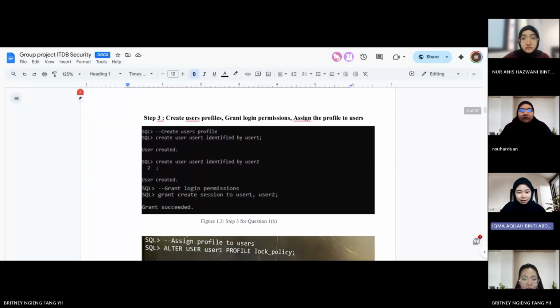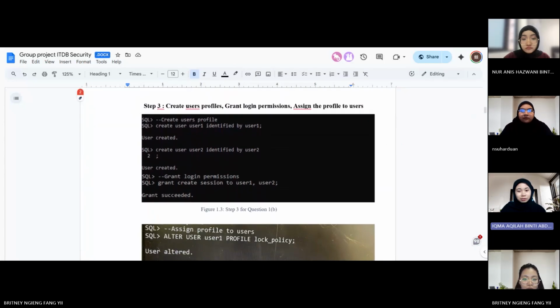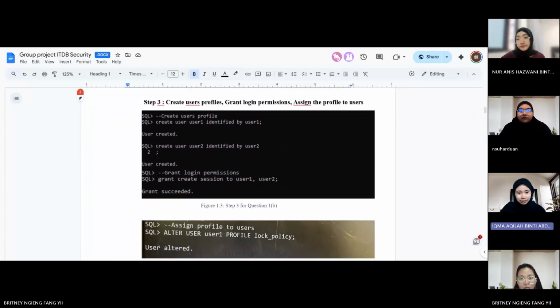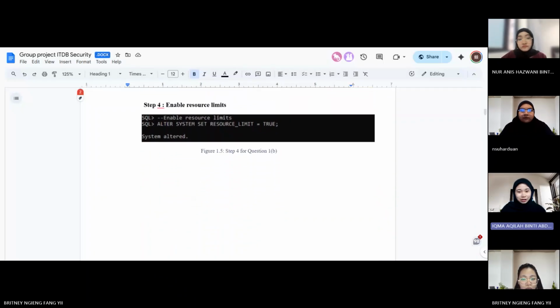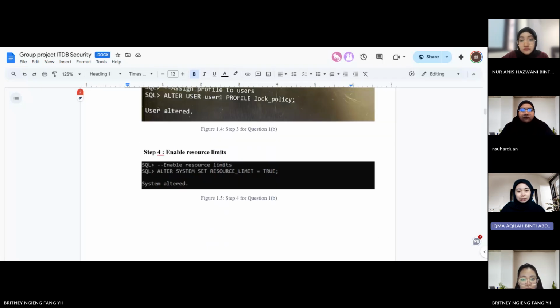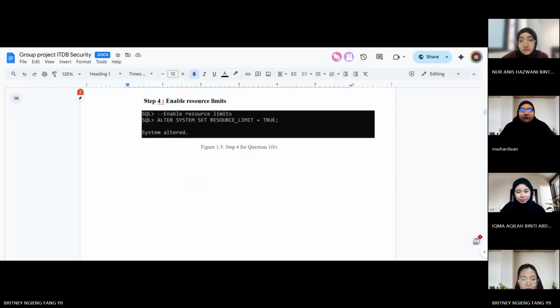After that, we assign this profile to the relevant user accounts. And lastly, step 4, we ensure that resource limits were enabled in the database to activate the policy.